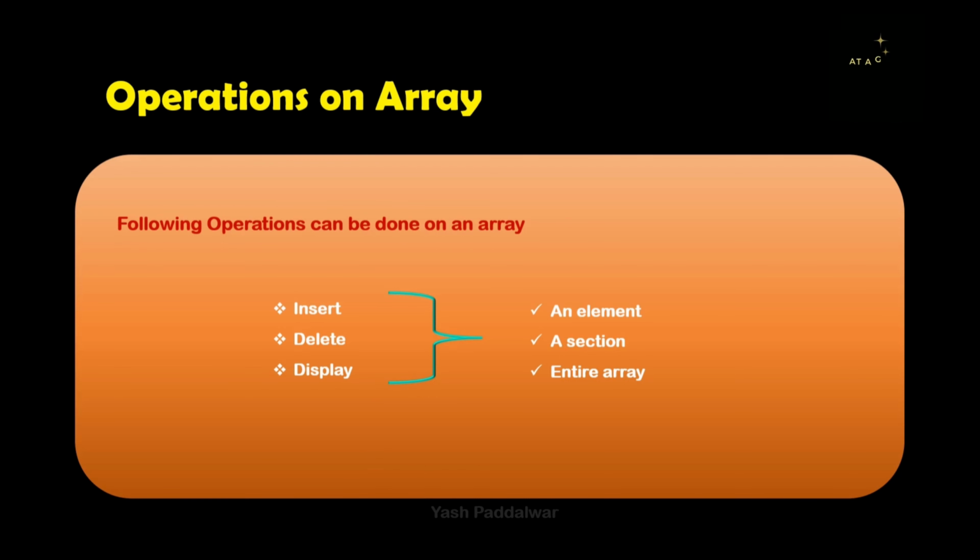And the third case is that we can perform all these operations on the entire array. So there are 3 different cases where we can perform insertion, deletion and displaying of data: an element, a particular section, or the entire array. A section means a slice of that particular array.